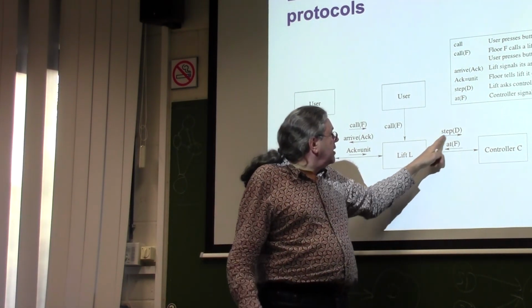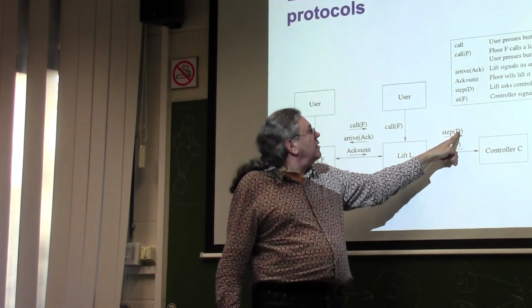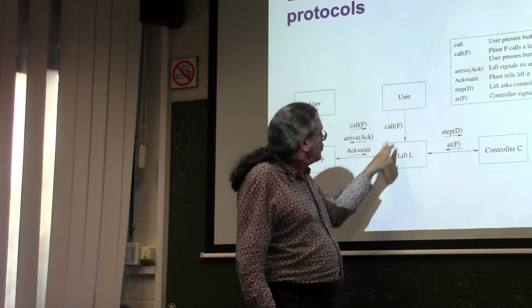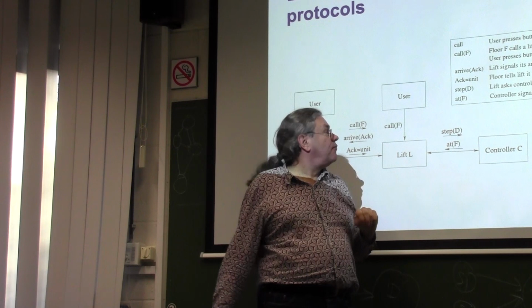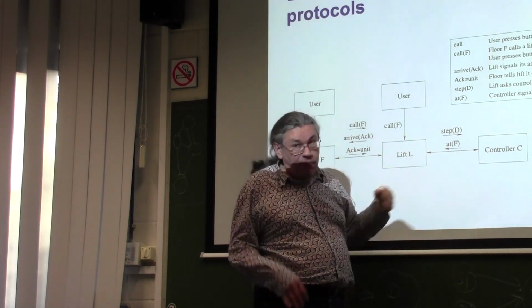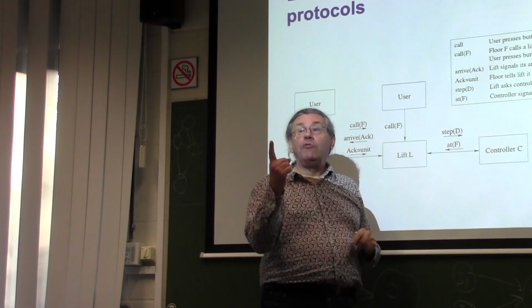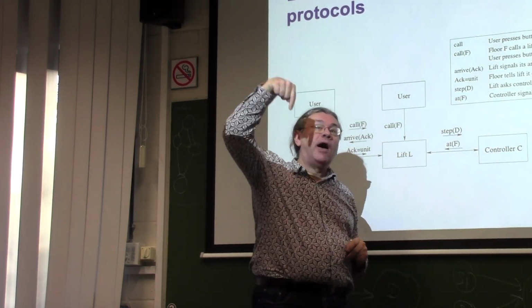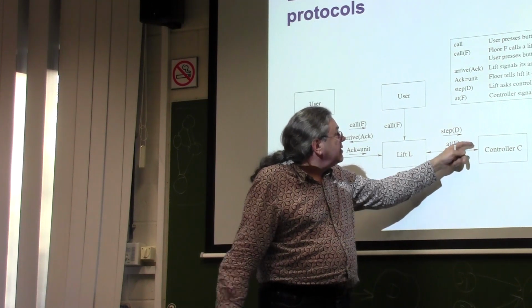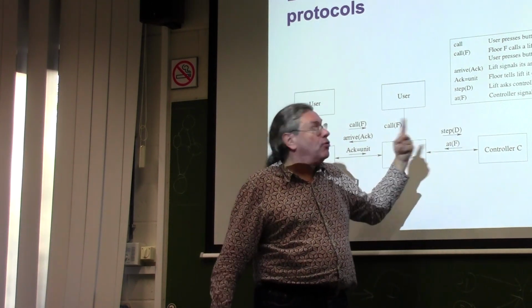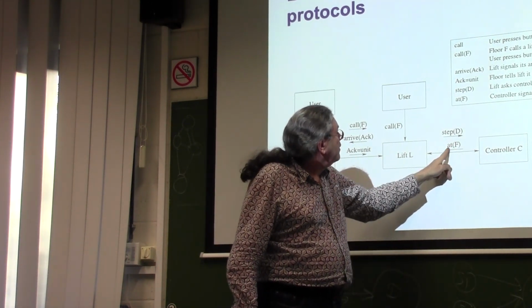And so the lift says, I want to go to floor D, so I'm at floor F now, or something. The controller knows the floor that I'm at. Maybe I'm at floor 10, I want to go to floor 30, and the controller will move either up 1 floor or down 1 floor. And once the lift is 1 floor higher, like floor 11, it will say at 11.